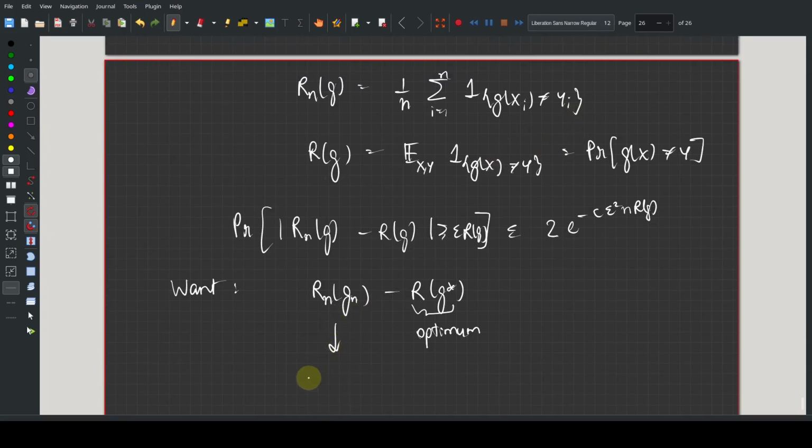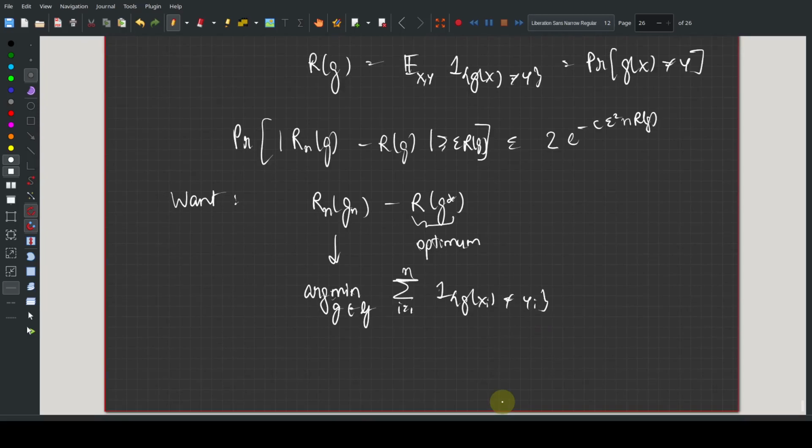This is equal to the arg min over all possible G of summation i equal to 1 to n of indicator G of xi is not equal to yi. Correct?